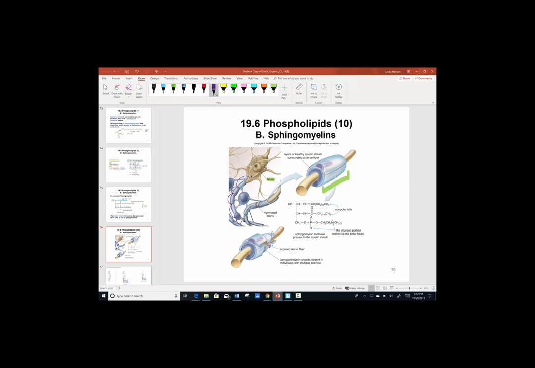And this coating here, which is a rich fat molecule, insulates the interior and helps conduct a faster current by allowing it to jump from node to node. So again, here is an example of a sphingomyelin molecule. This is the tail here. This is the whole backbone molecule here.